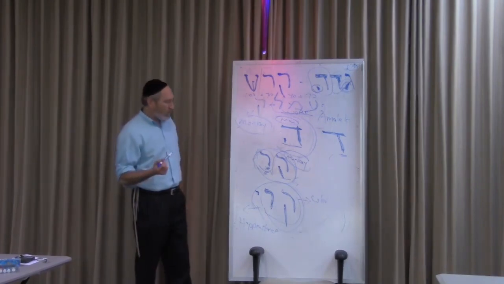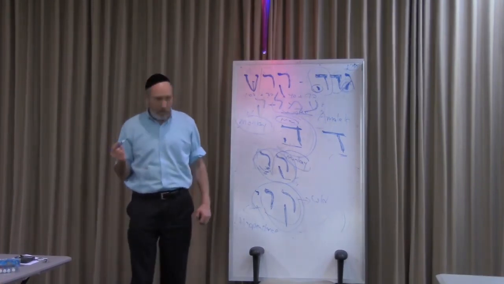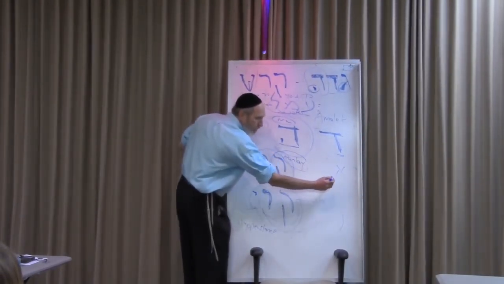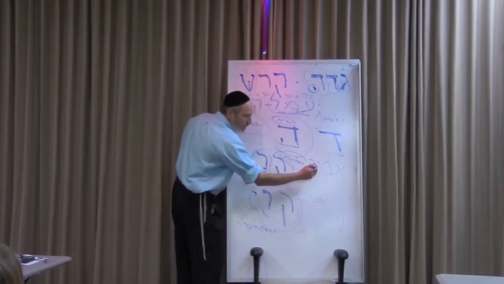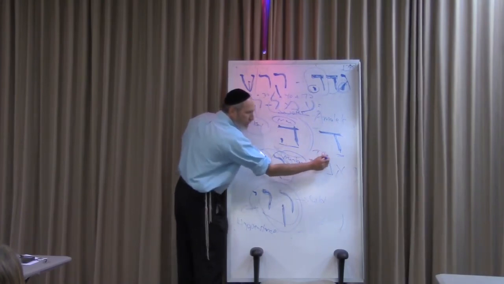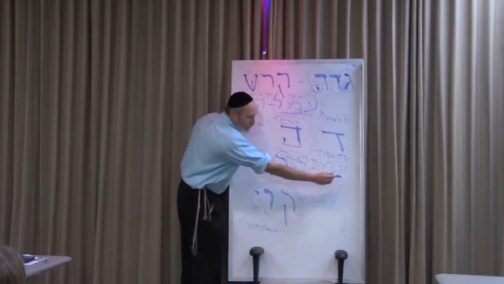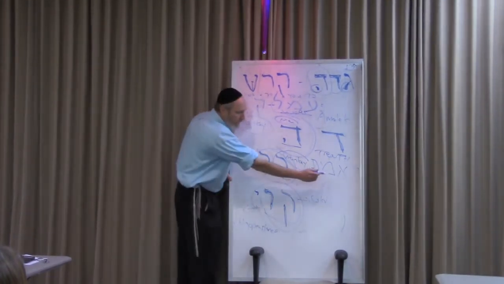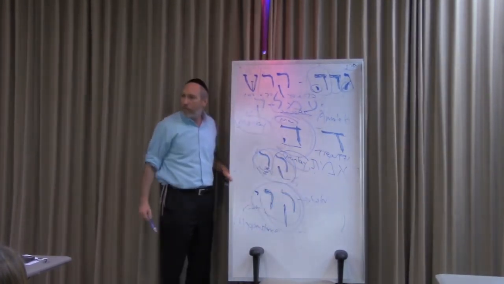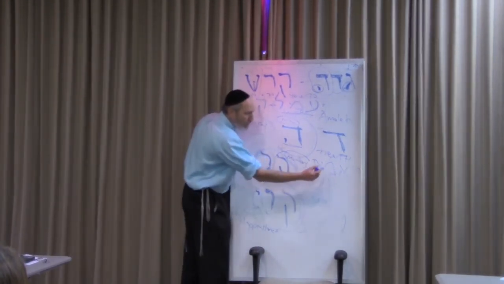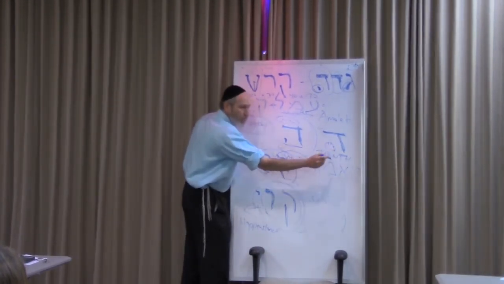And if you look here, you see an amazing thing. This is from our first session. In the first session we had the word emet, if you remember. Truth. And we said that truth is amazing. It's the first letter of the alphabet, the middle letter, the last letter. Remember we said if you count the letters between the aleph and the mem, there's 13 letters, right?